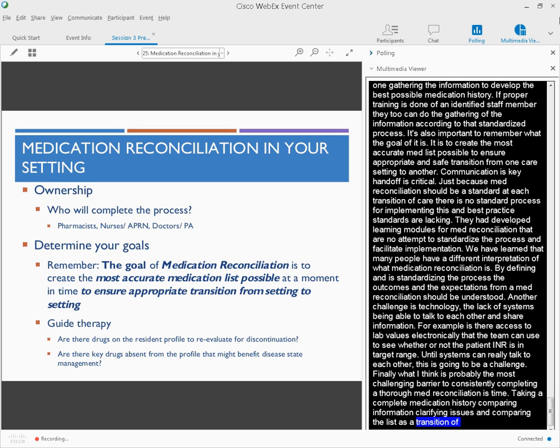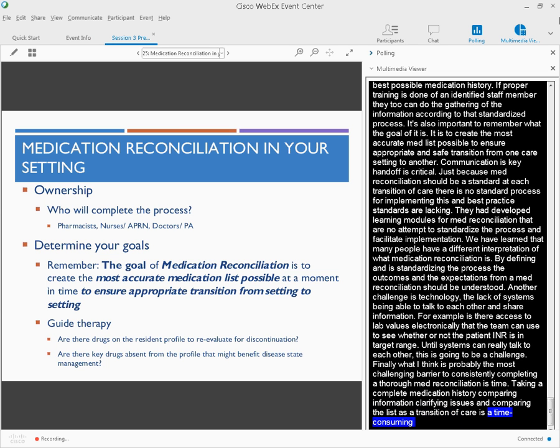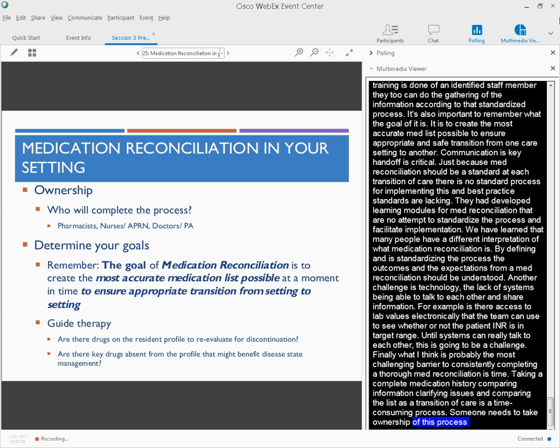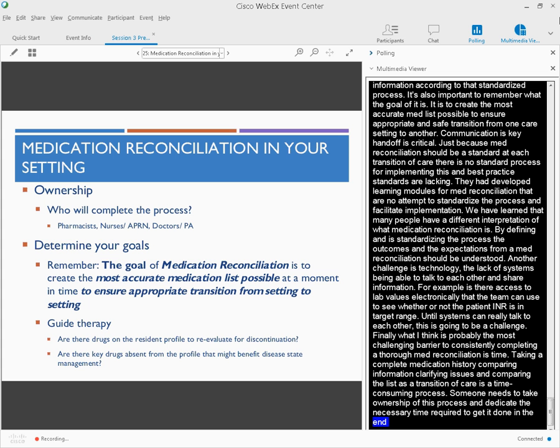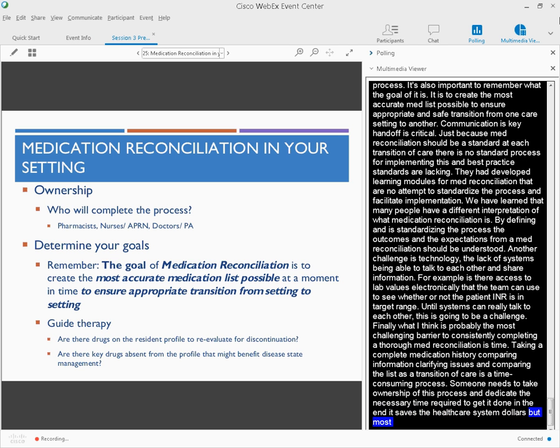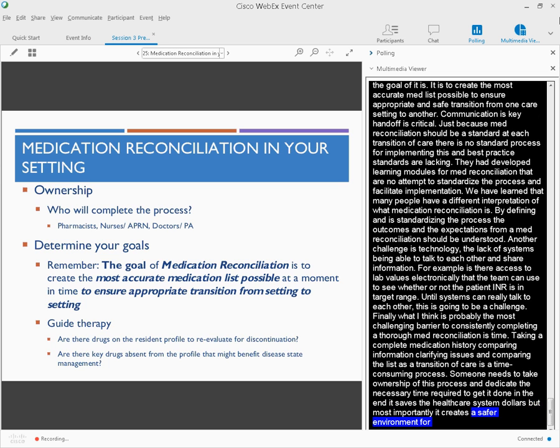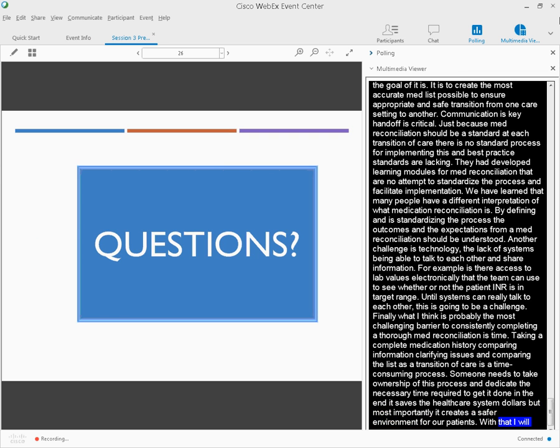To do this right, someone needs to take ownership of this process and dedicate the necessary time required to get it done. In the end, it saves the healthcare system dollars, but most importantly, it creates a safer environment for our patients. So with that, I will open the floor up to questions.